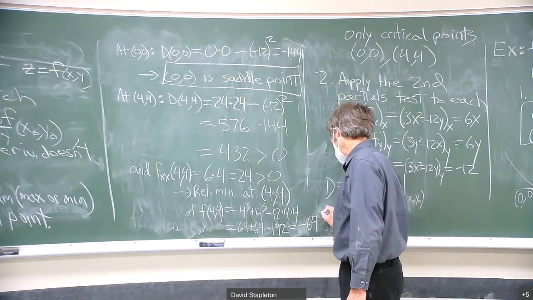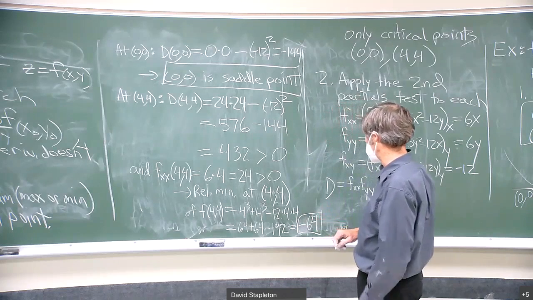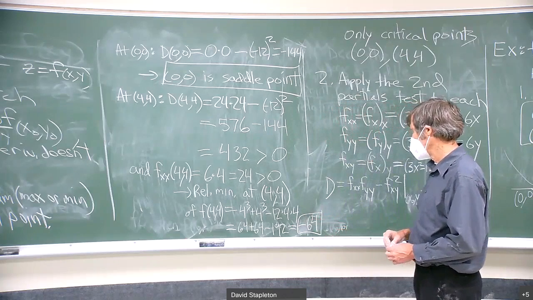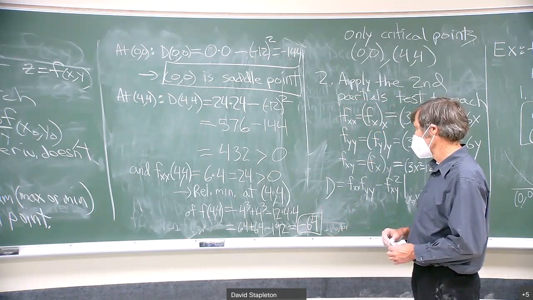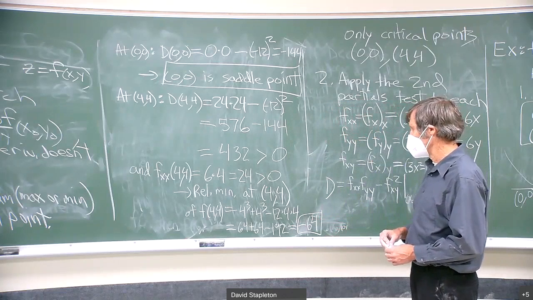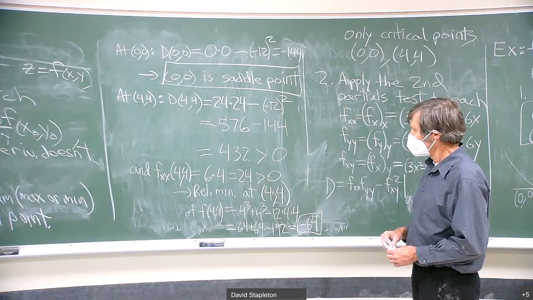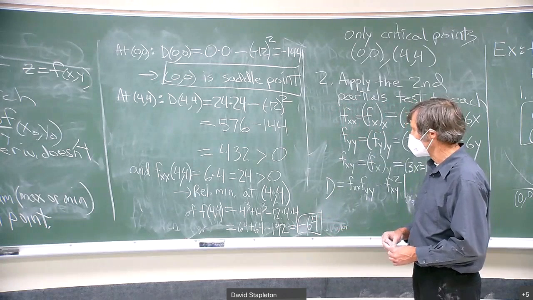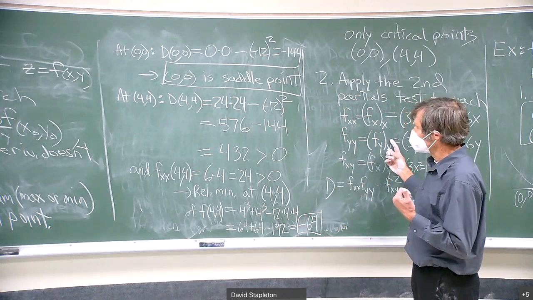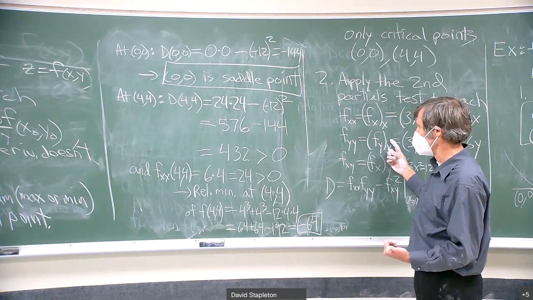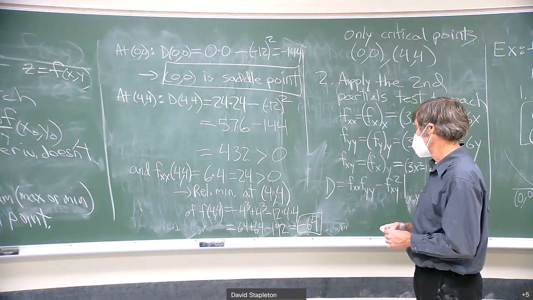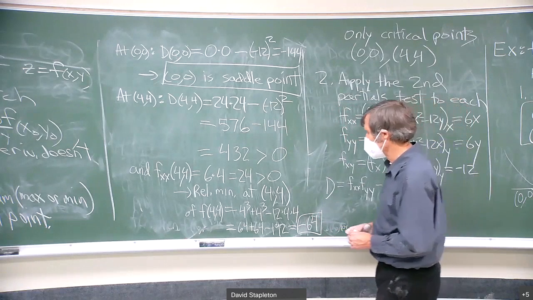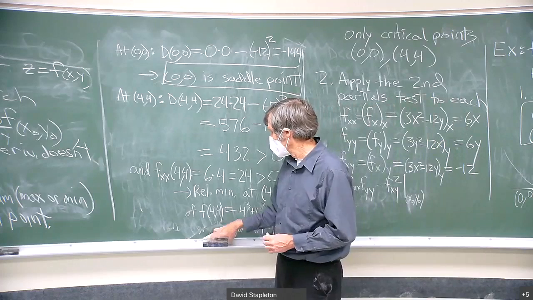So it has a relative minimum of minus 64 at the point 4, 4. And that's it. It's got one relative minimum, one saddle point, and there are no other relative minima or maxima because a critical point is a necessary condition to have a saddle point or a relative extremum. So that's it.